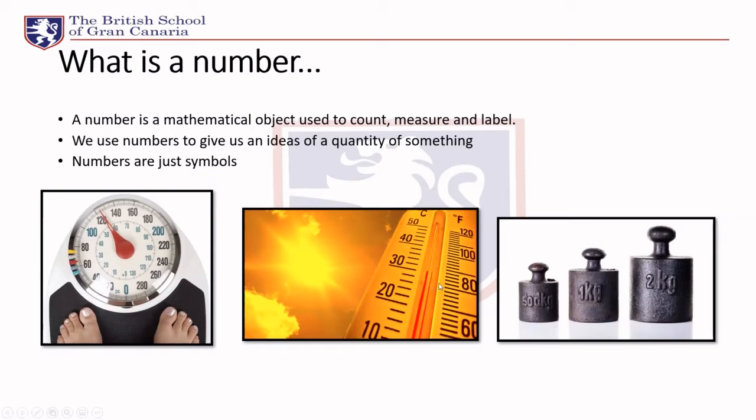When we look at the numbers on this thermometer, when the mercury goes up, for example, to 30 or 80, that's how we understand how hot it is outside. And then the mass of weight, oh, that's really heavy. Well, it weighs 2 kilograms. That's all numbers are. We just make sense of our world using numbers.